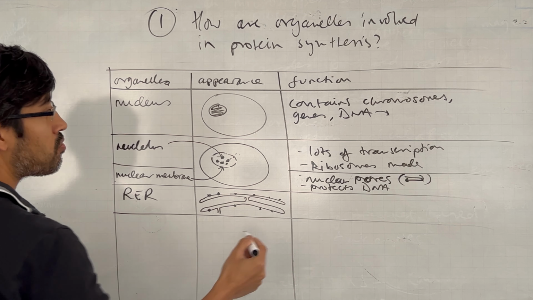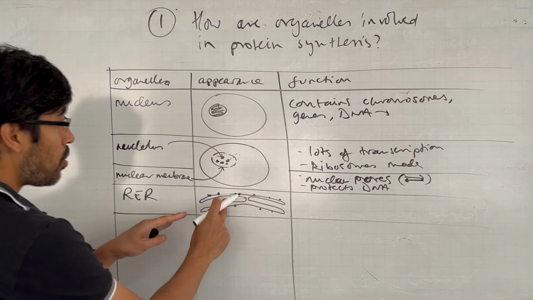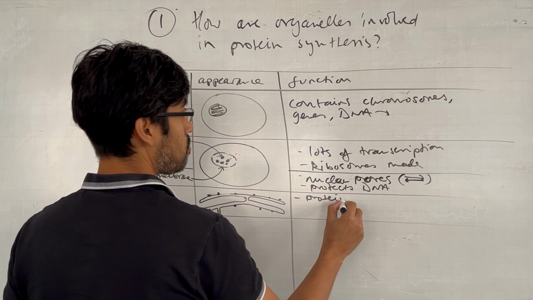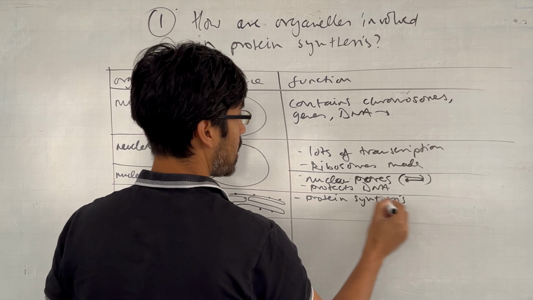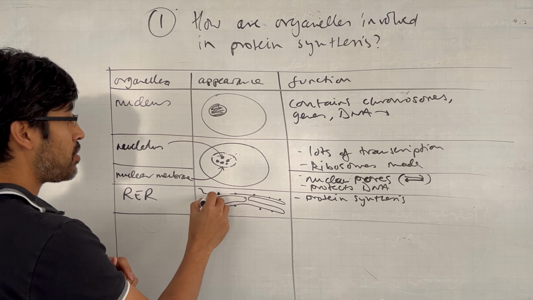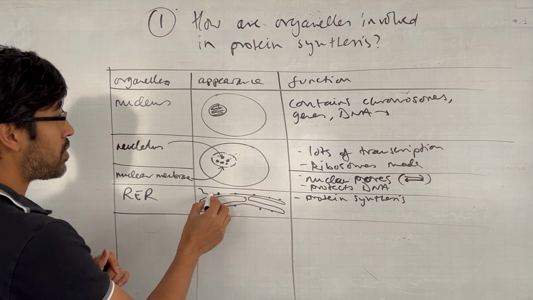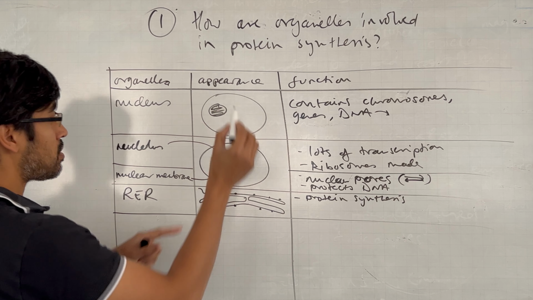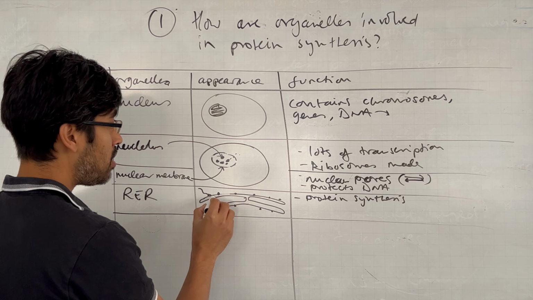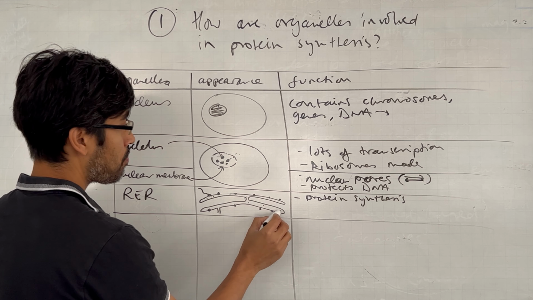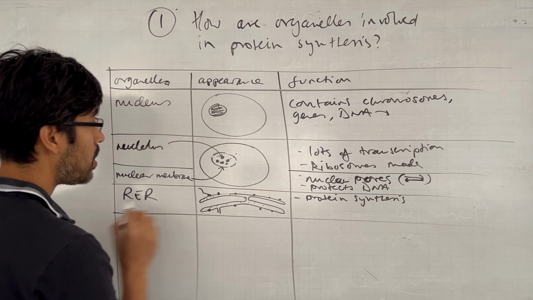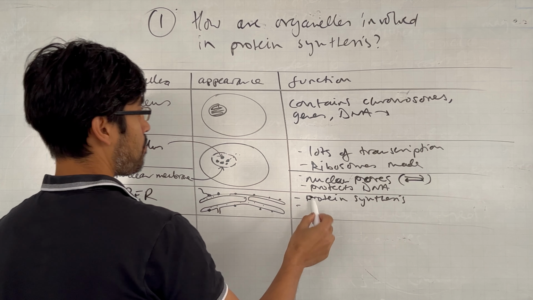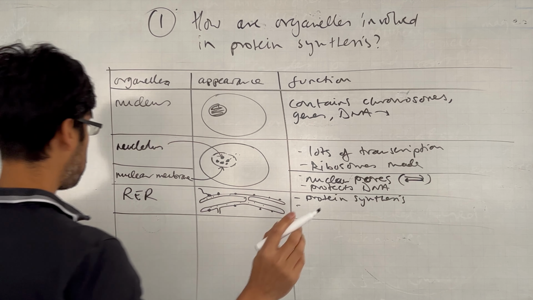And remember, the role of ribosomes is protein synthesis, so the function of the rough endoplasmic reticulum is also protein synthesis. They bind messenger RNA and use the instructions of a messenger RNA that came out through the nuclear pores, that was made in the nucleus. They bind to that mRNA, the protein is made inside the cisternae of the rough endoplasmic reticulum. Okay, right, so protein synthesis, and we'll leave it there.